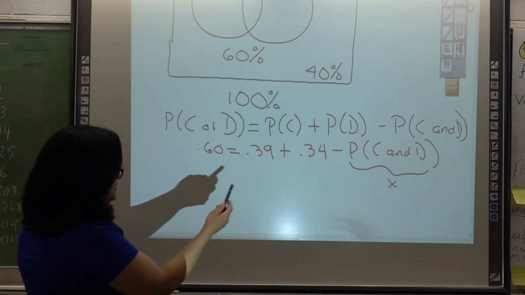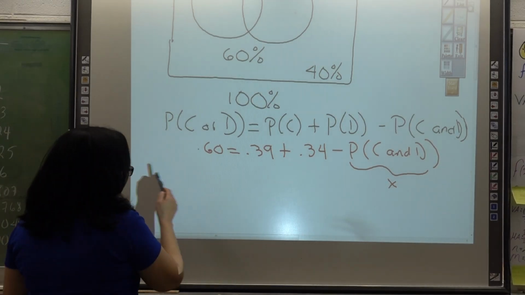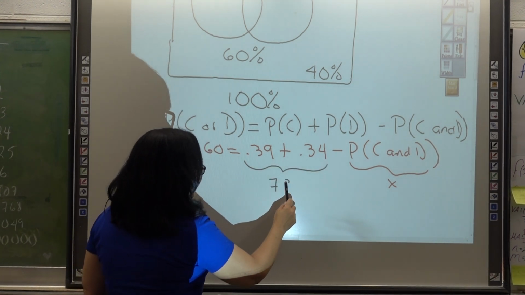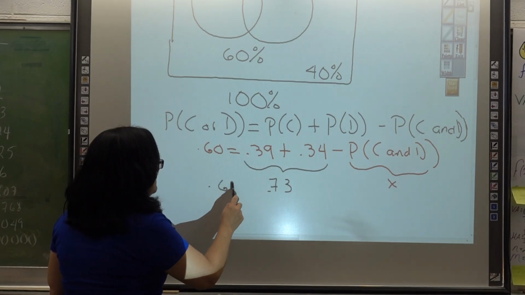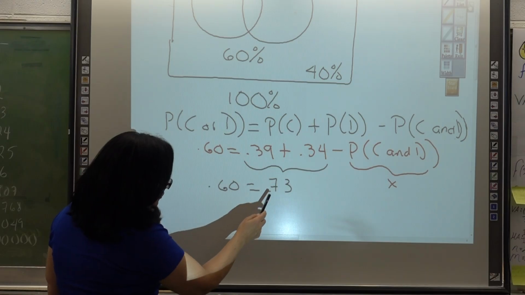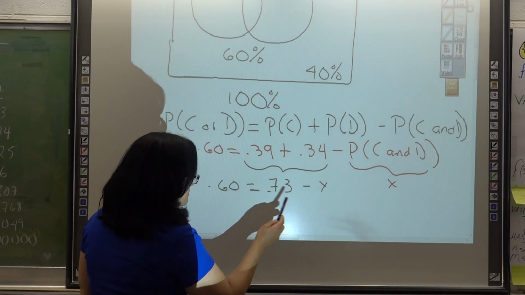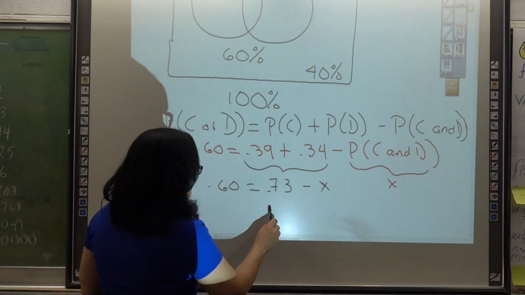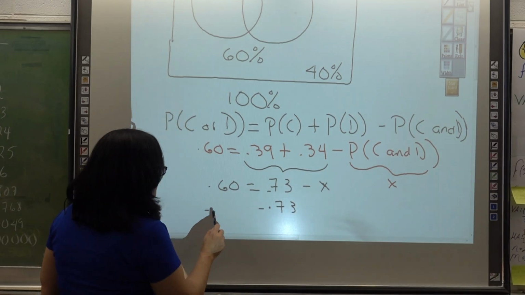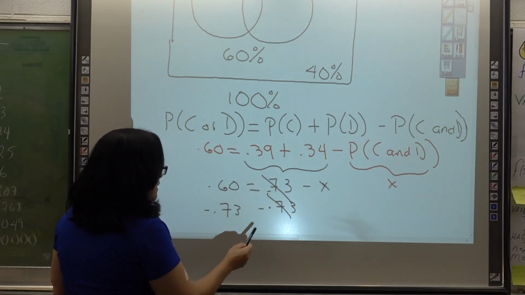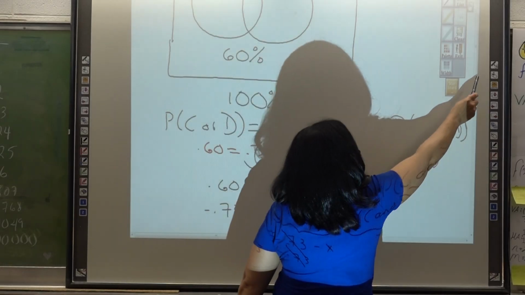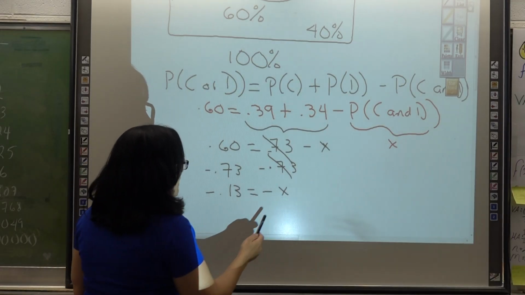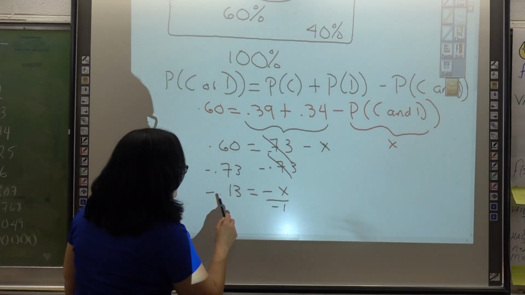So add these two together, and they give us 0.73. 0.60 equals 0.73 minus X. Then subtract 0.73, and you have negative 0.13 equals negative X, divided by negative 1 in both parts.